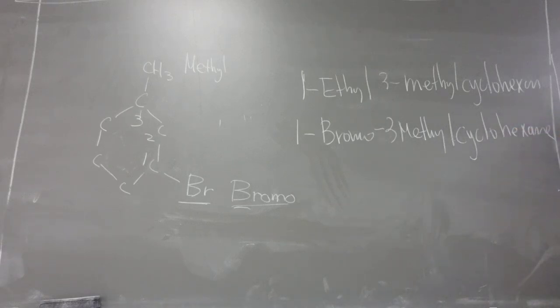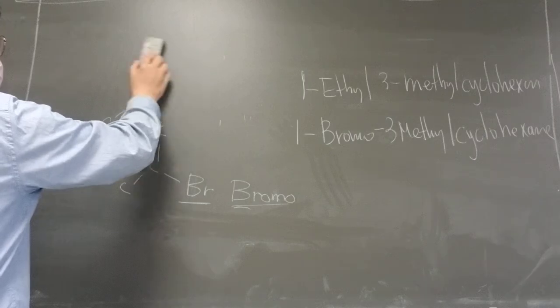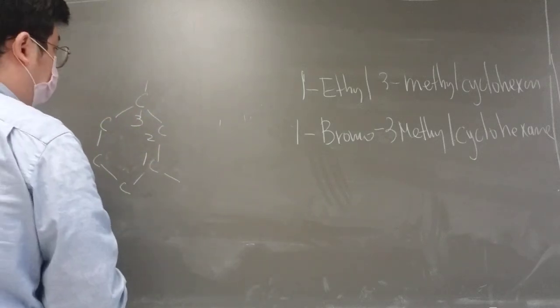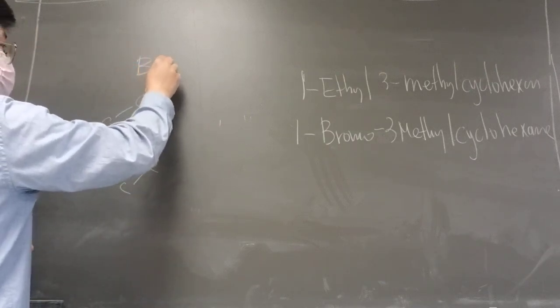Okay, so this is the one we didn't cover in the last lecture. So probably I can give you some more examples, and maybe you can try to do them.